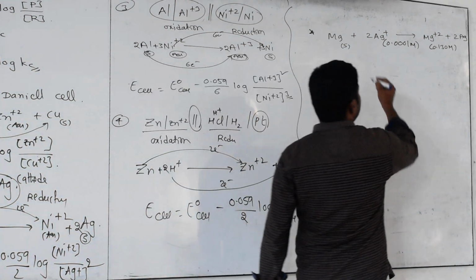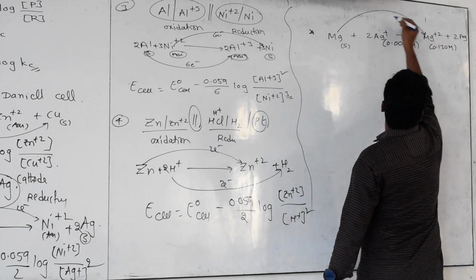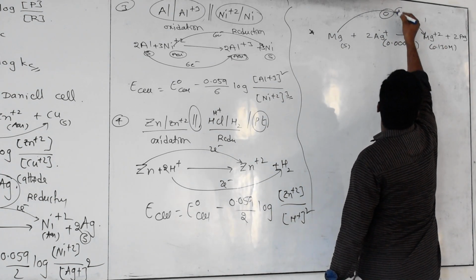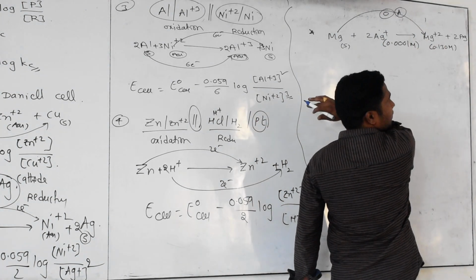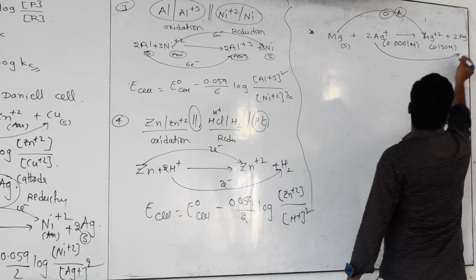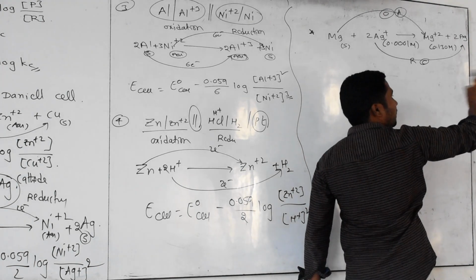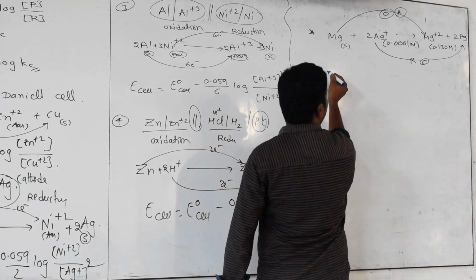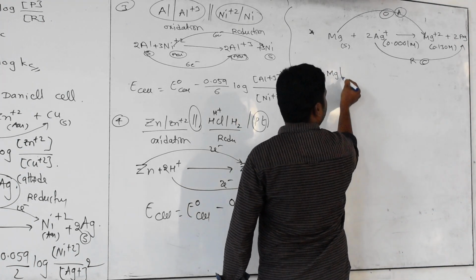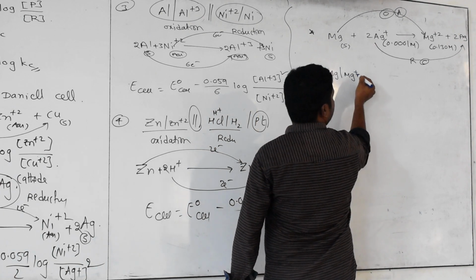Very good. Mg undergoes oxidation to Mg+2. Oxidation takes place at the anode, which should be the left side part, and this is reduction. Reduction takes place at the cathode, which should be written on the right hand side. So Mg, single vertical line, Mg+2, very good.